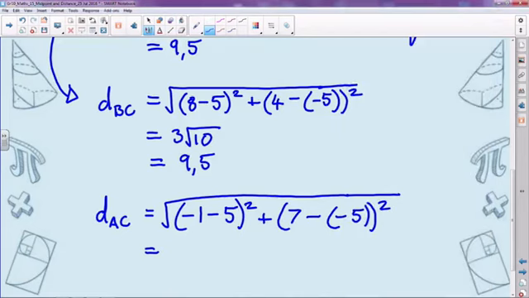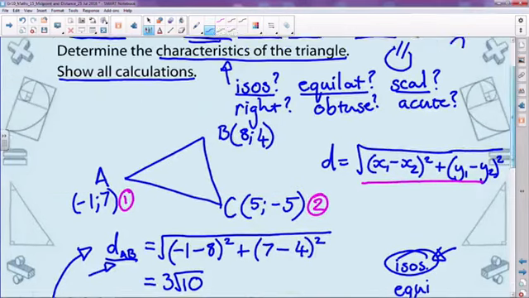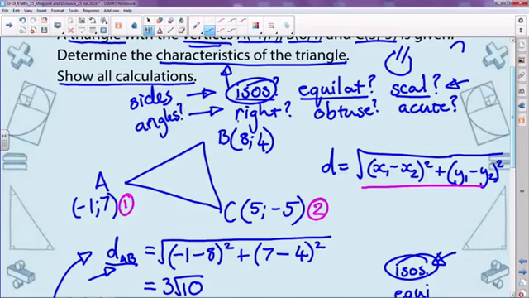So it is not an equilateral triangle. It is an isosceles triangle. But we've only found out one thing about it, and that's about the lengths of the sides. Did you notice that all of these top characteristics were all about the lengths of the sides? What about the angles? There are two different ways we could determine if the triangle had a right angle or not.